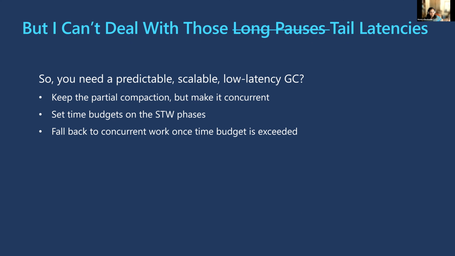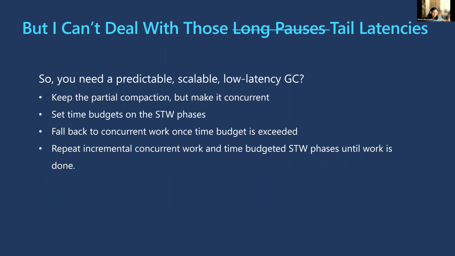You could basically divide that 10 milliseconds into pause and concurrent work, right? And if we still have a lot of GC work to be done, you just rinse and repeat. Keep on doing the GC work in stop the world and concurrent, and go through each phase in similar fashion until the entire work is done.